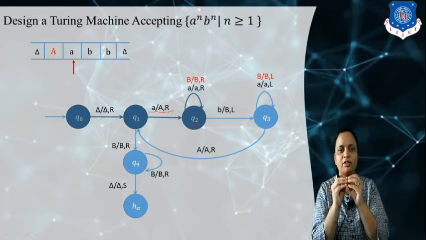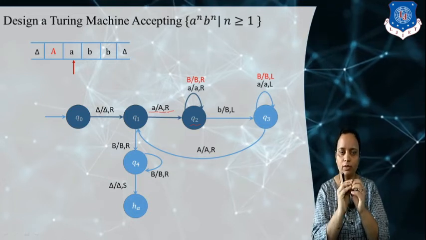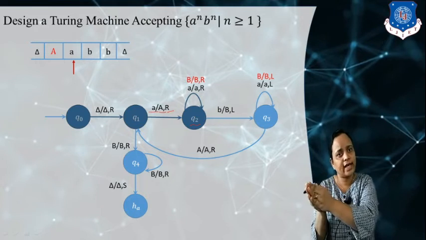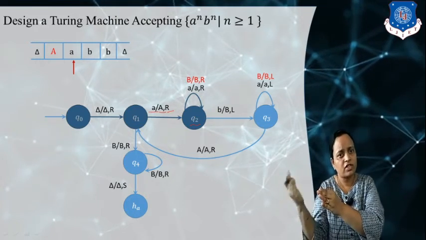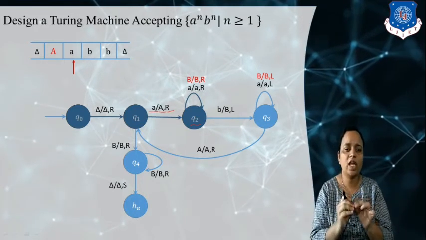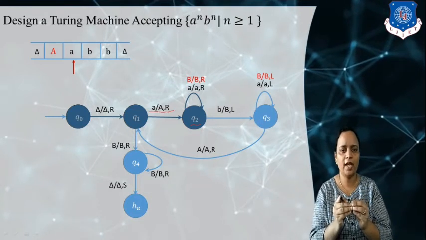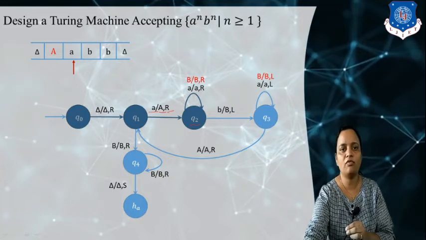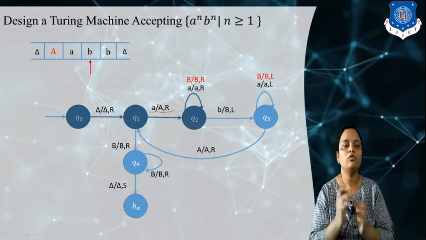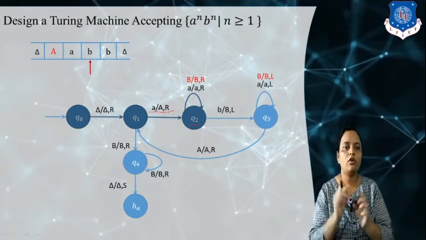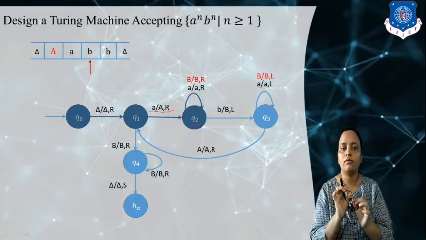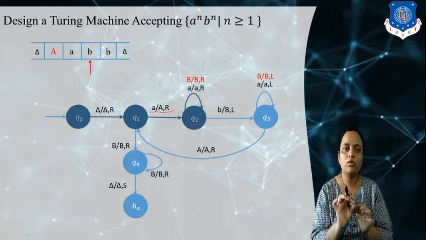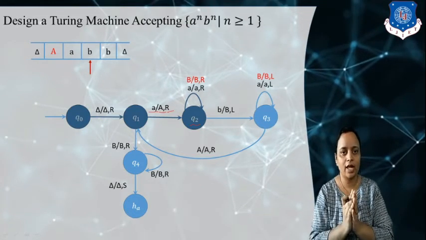It means that we are not changing this symbol, just moving my head to the right side to find the first B. So here small a is replaced by small a, so my head replaces the symbol with the same symbol and moves to the right. Now to skip this, what we are going to do is use the self loop.